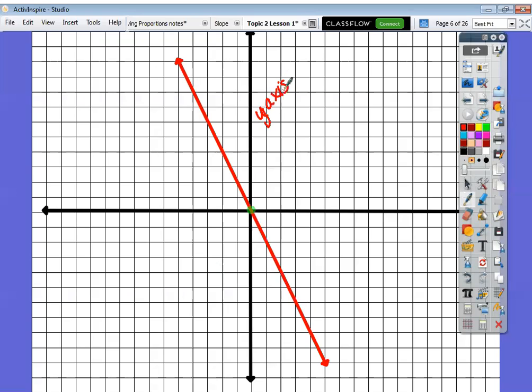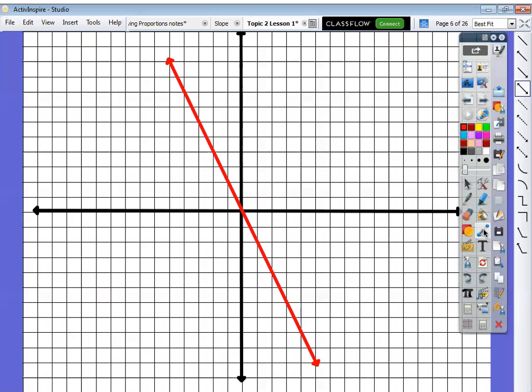We know that because that's the y-axis and this one is the x-axis. So this spot right here is 0. So the y-intercept for this line is 0.